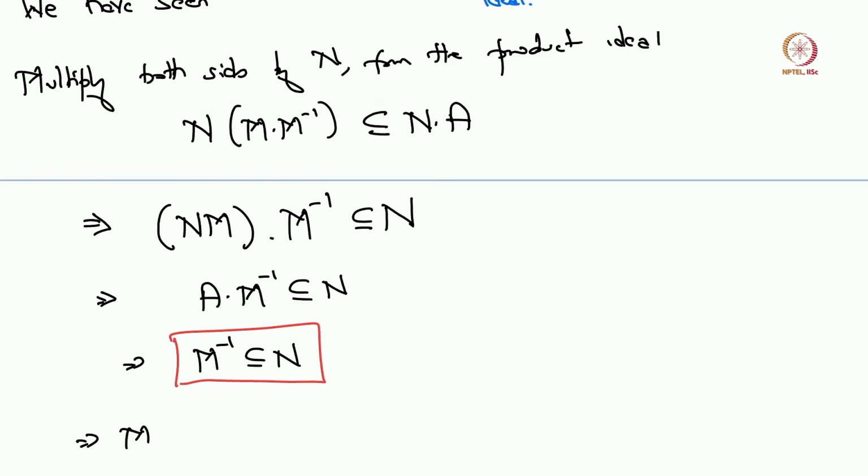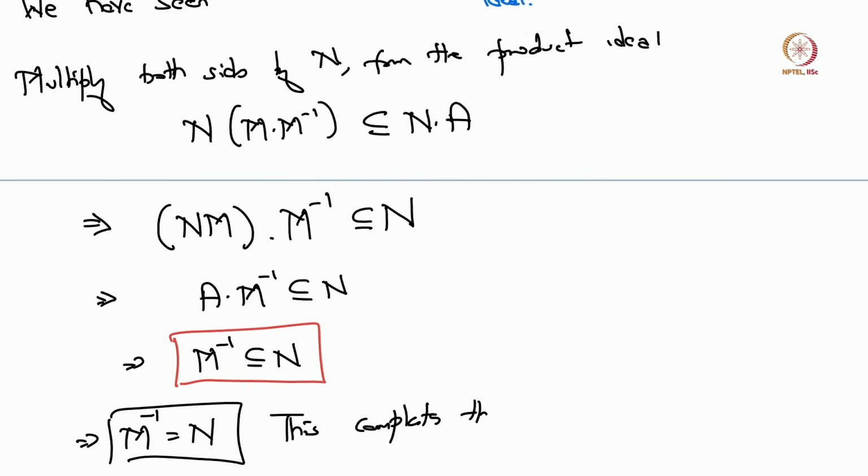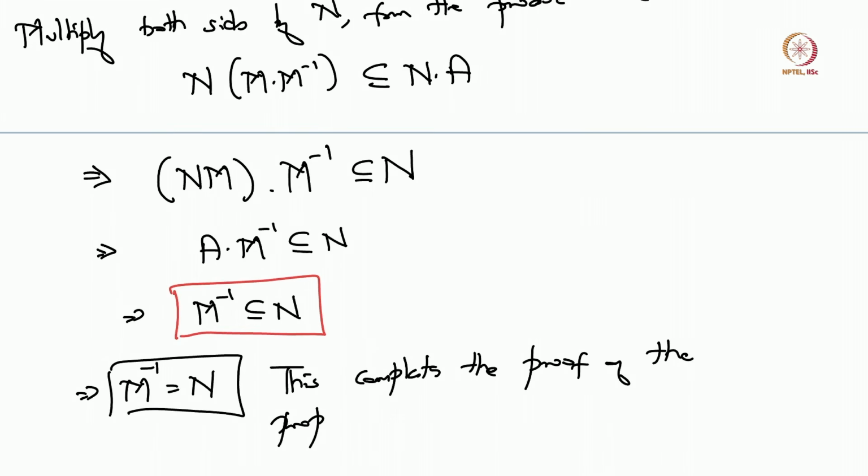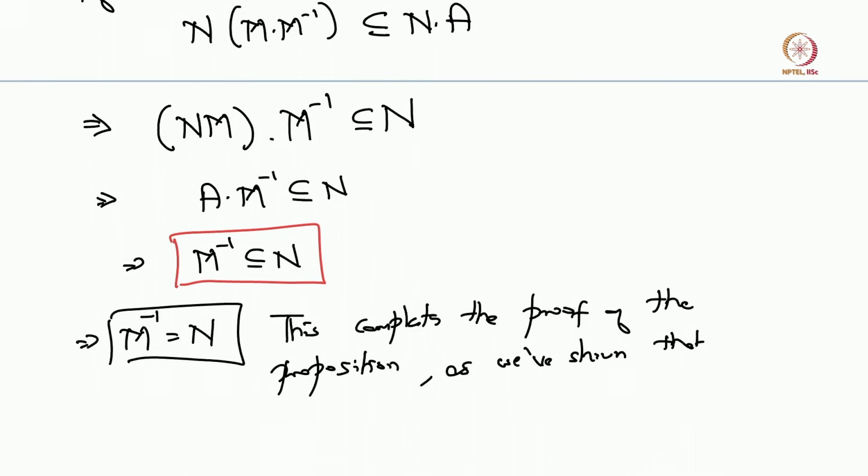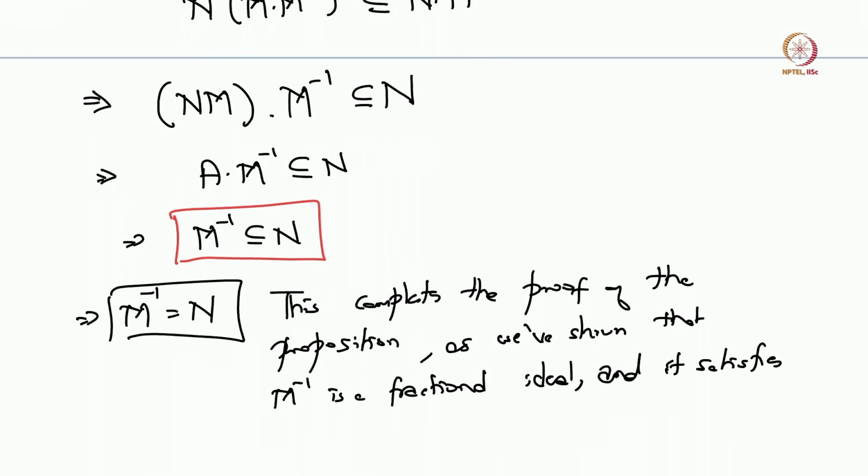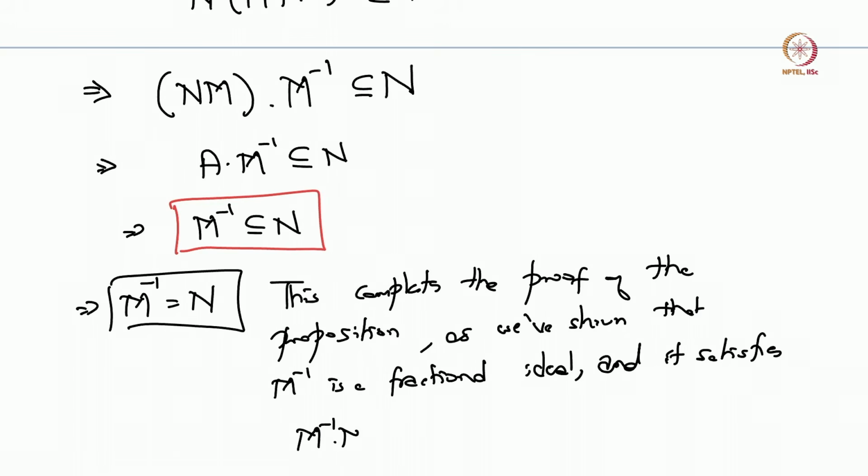And so this means that M inverse equals n, and this completes the proof of the proposition, as we have shown that M inverse is a fractional ideal and it satisfies M inverse times M equals M times M inverse equals A.